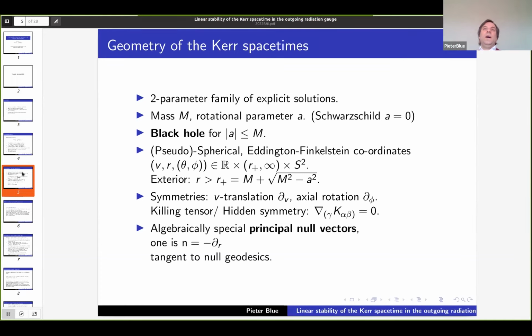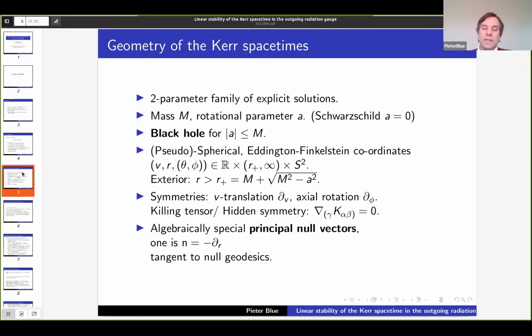vectors. Principal null vectors are quite difficult to explain, I think, in a sort of obvious geometric way. There's some multilinear eigenvalue problem for the Riemann curvature on any spacetime. This gives you 4 null directions, and if these 4 null directions coincide with each other, then you have an algebraically special spacetime, and there's a preferred choice of outgoing null vector and ingoing null vector, both of which are repeated principal null vectors in the Kerr spacetime.